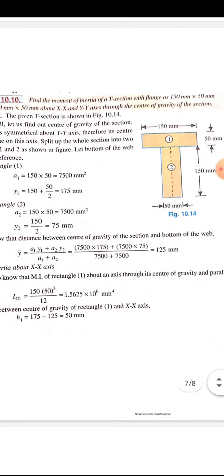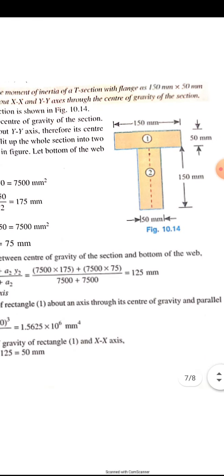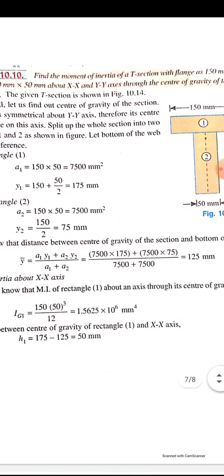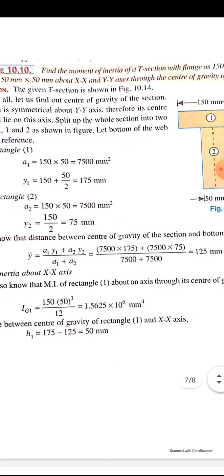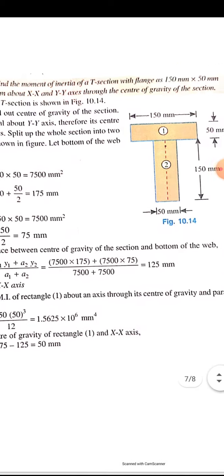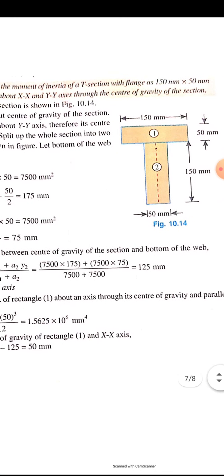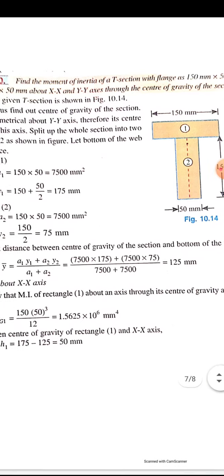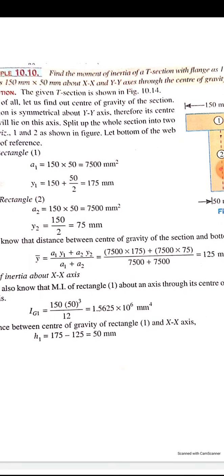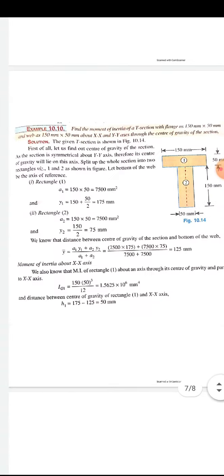Rectangular 2, A2 equal to 150 into 50 mm, same dimension. Y2, very important, Y2 equal to 150 by 2, equal to 75 mm. Okay, clear?